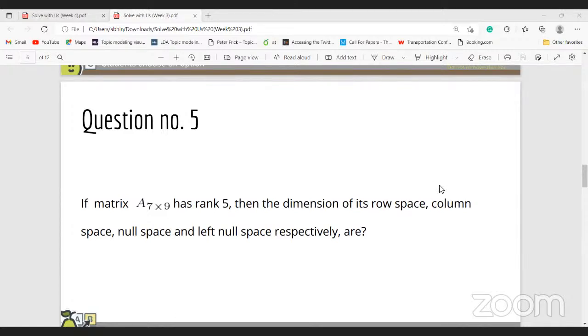And also, sir, the difference between the terms in terms of a matrix and in terms of a linear transformation also. Okay, I'll try to explain. Sir, also the use of left null space. Okay, fine.